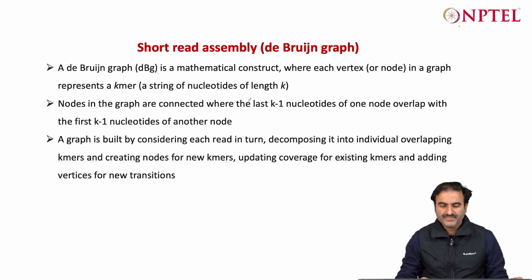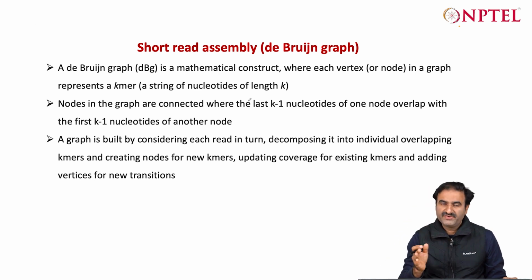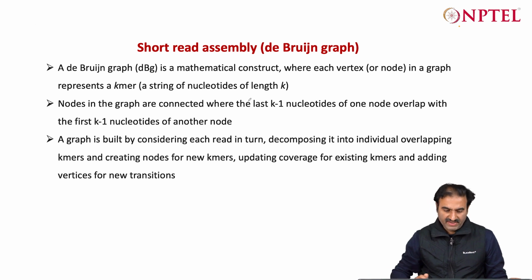Then it arranges those K-mers into a hash table, right? And those K-mers are generated in a stepwise fashion, such that each K-mer follows the previous K-mer by one base pair, and this way the entire range of K-mers is generated from a read.